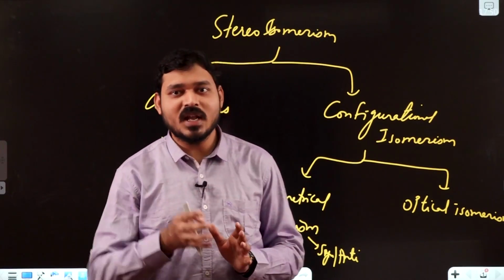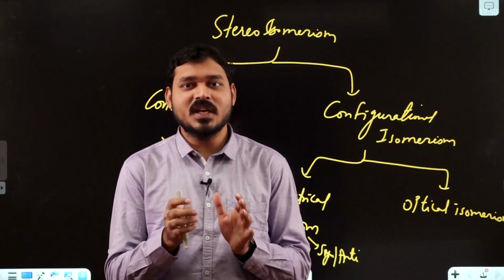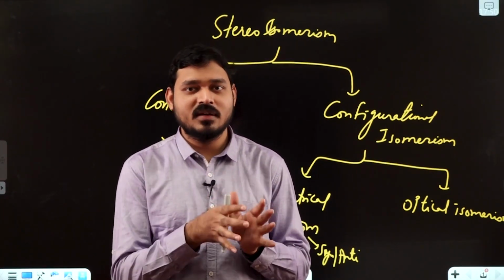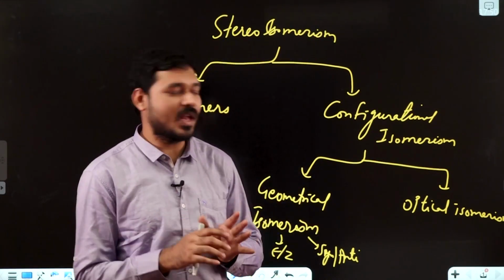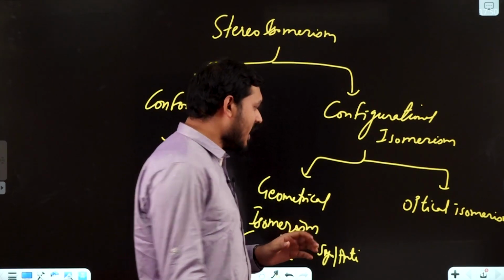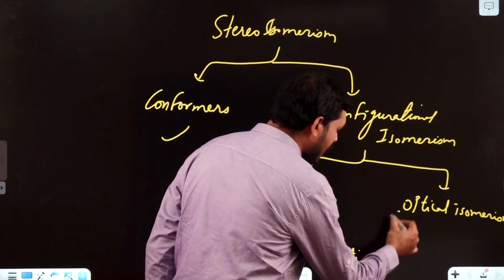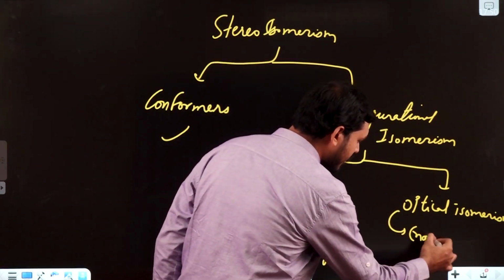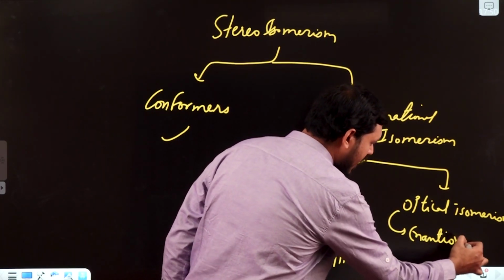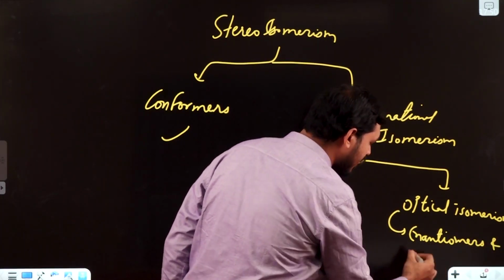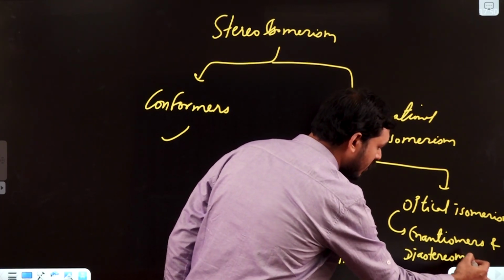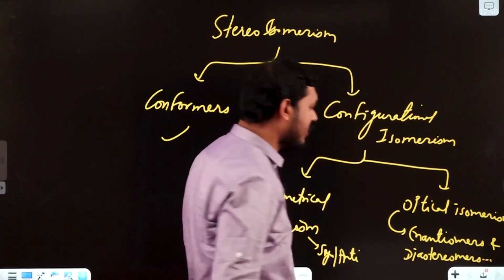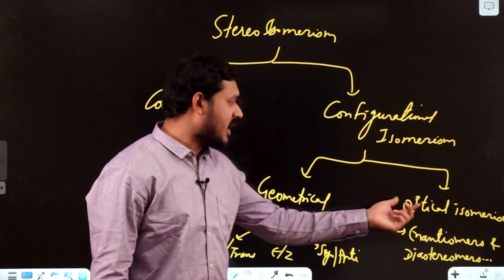When we say optical isomerism, it is something related with optics, light, the phenomena of light on various compounds. Here we need to study enantiomers and diastereomers. These are the specific parts which we need to study inside optical isomerism.